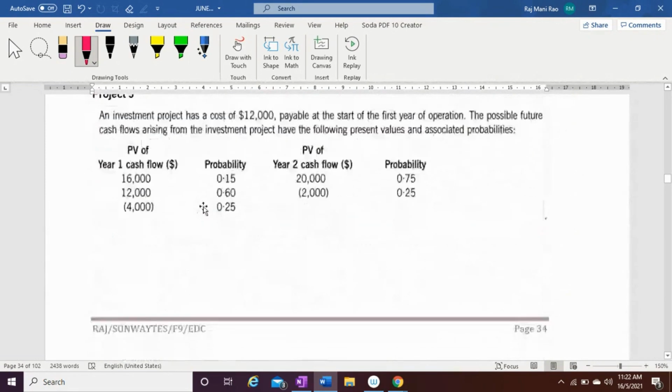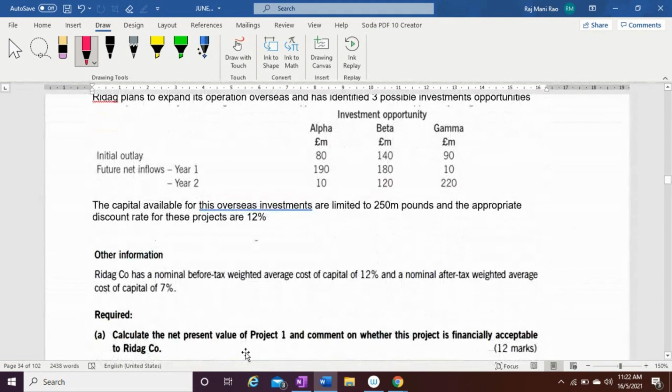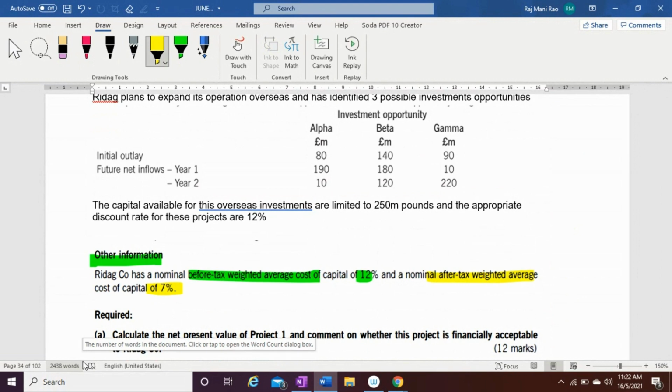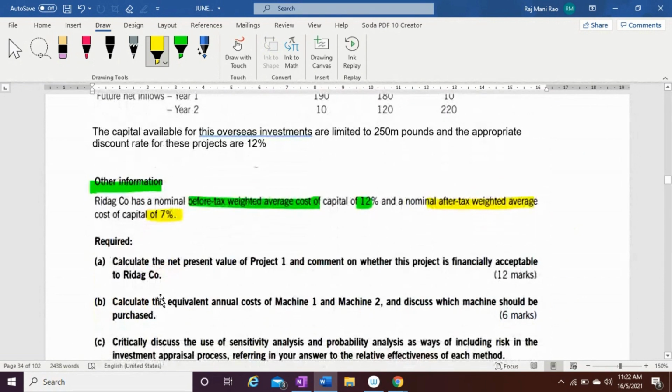So I'm not going to look at project 2 or 3. We have other information: nominal before tax is 12%, nominal after tax is 7%. For project 1, tax is taken into account, correct?